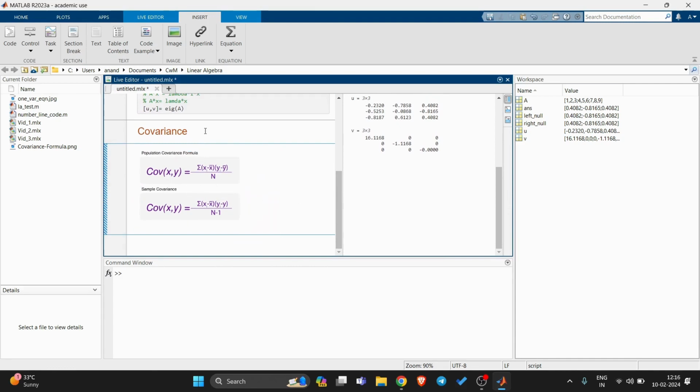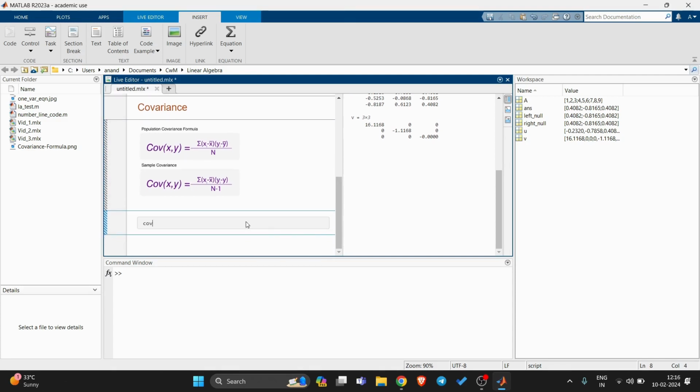The difference between the two is that in the population covariance formula, we have just n in the denominator, and in the sample covariance formula, we have n minus 1. The cov function is used to return the covariance of data in MATLAB.